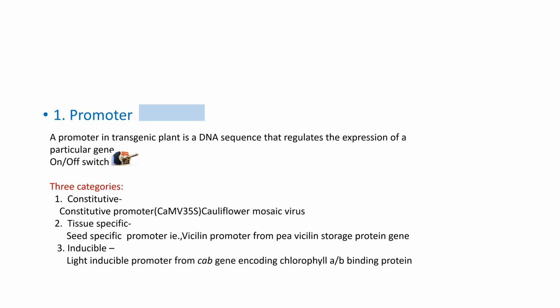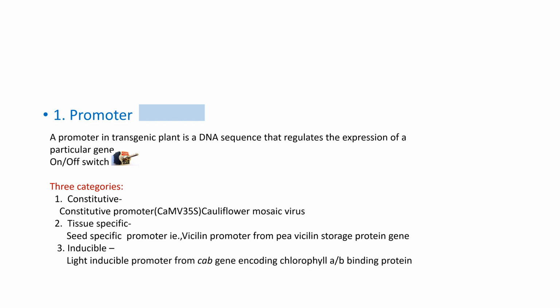There are three categories of promoter: constitutive promoter, tissue-specific promoter, and inducible promoter. So many times currently the most used promoters in the transgenic crop varieties have been the constitutive promoter.